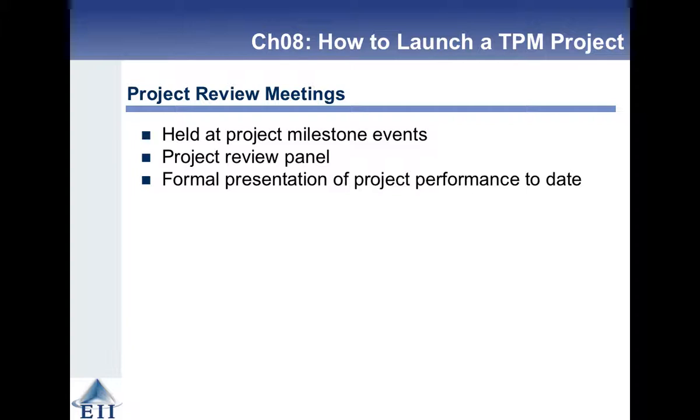Project review meetings are more formal. They're usually held with the C-suite, the CEO, the CFO, the head of engineering, and it depends, but they're to keep tabs on the project performance for the high-level executives.